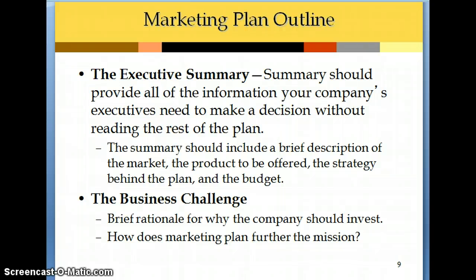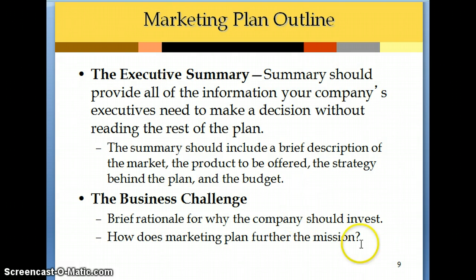That is, you should make that executive summary straightforward, numbers driven, and clear so that only by reading the executive summary or you presenting the executive summary, you can convince your executives to give you their support for the plan.